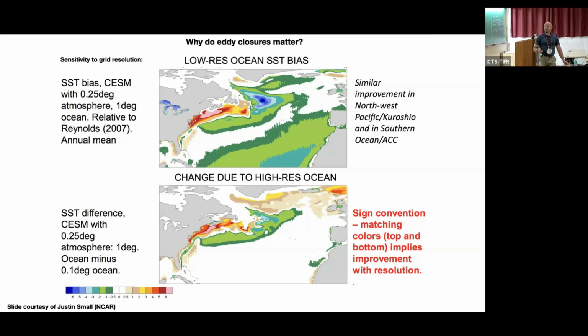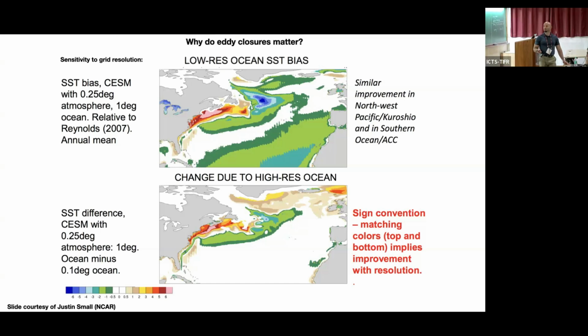And part of that is because this resolution isn't really sufficient to resolve shelf processes or transport off the shelf. It keeps the Gulf Stream, or at least the return current, kind of in the incorrect position. We actually see these kinds of bad biases over in the Pacific as well. And simply by going to high resolution, you can fix these things pretty well.